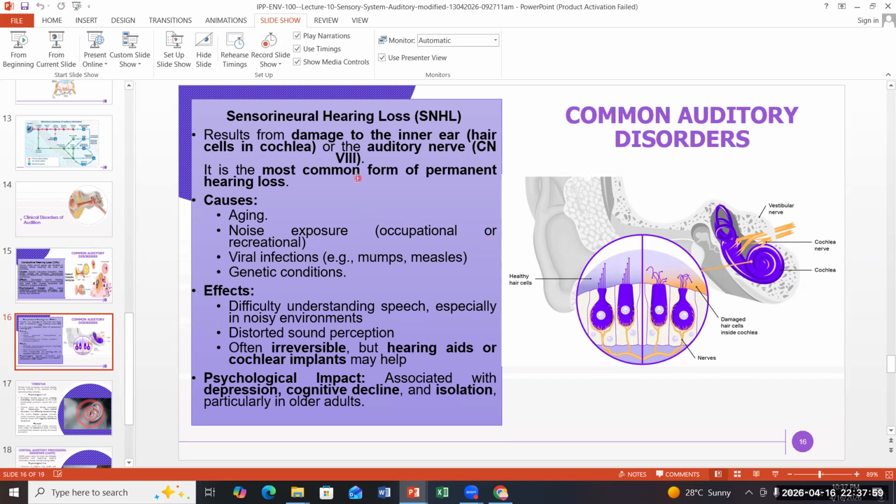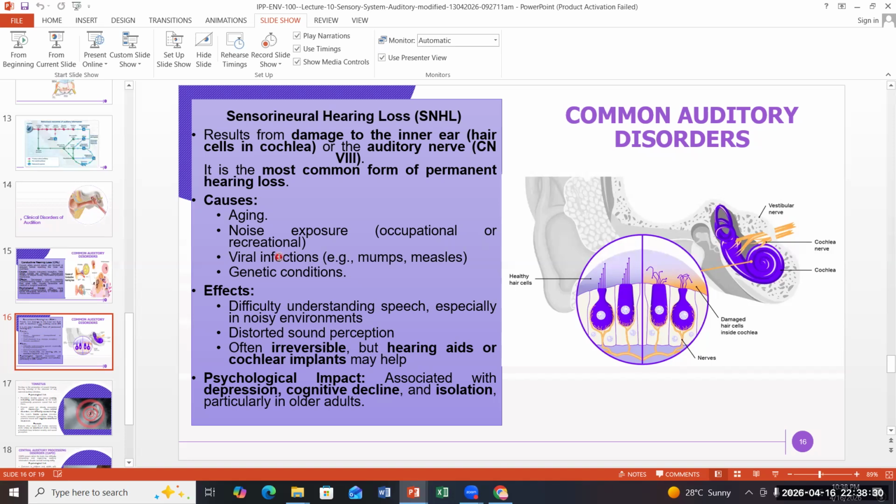Sometimes hearing loss is permanent and irreversible, and it is commonly found in the case of aging. There are certain professions, for example mine drilling, where the person is working with very loud equipment, or is associated with a profession where the noise exposure is continuous.